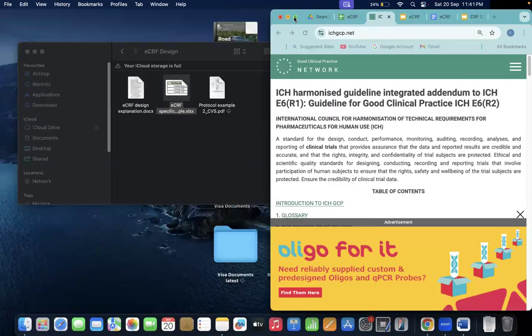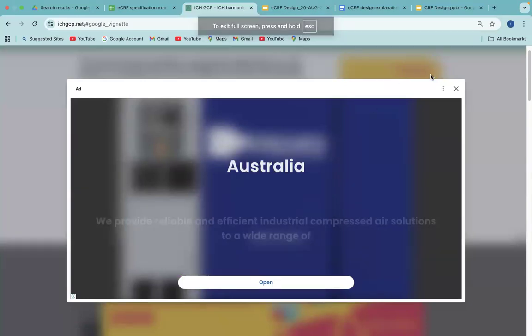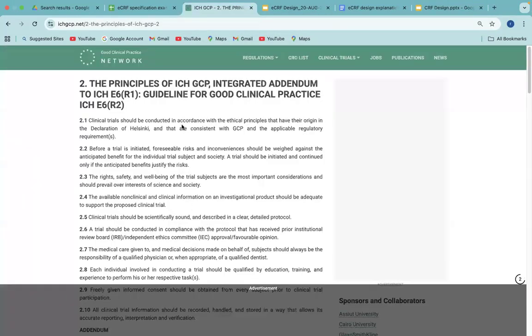Scientifically, okay. What does it mean, the scientifically sound protocol? So what does it mean, the scientific protocol? Okay, I'll explain to you all.